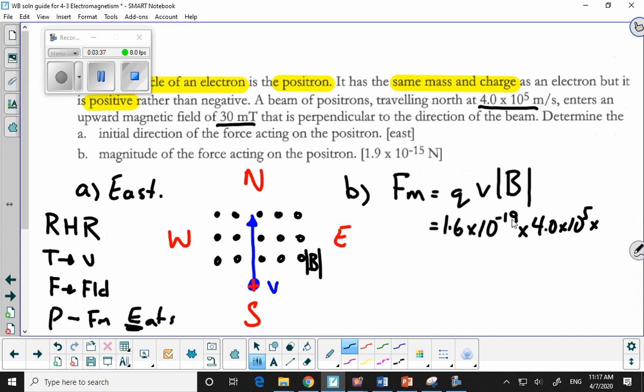So I'm going to leave it as 30, but I know that milli, or you can look on your formula sheet, means 1,000th of, or times 10 to the minus 3.